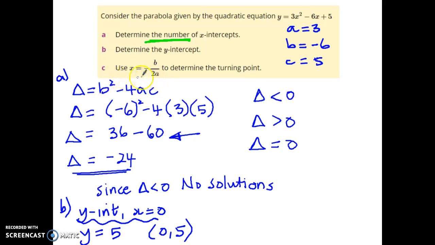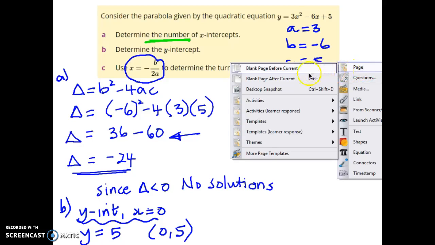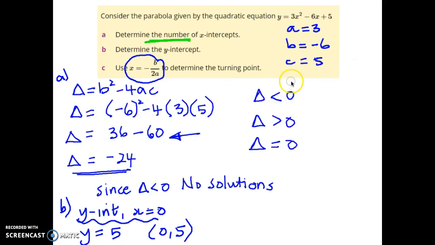Part C, use x equals minus b over 2a to determine the turning point. This here will give us our axis of symmetry. I'm just going to insert a new page to give me room here. So we had y equals 3x squared minus 6x plus 5.